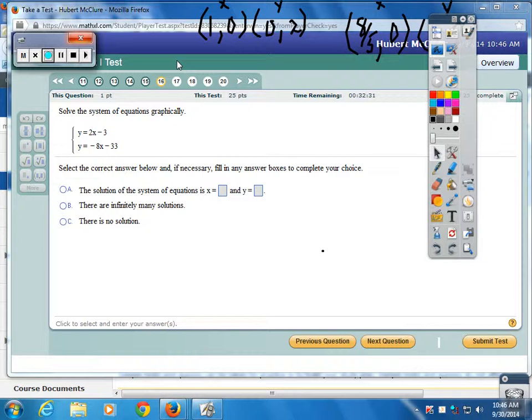Okay, try that one. Solve the system graphically. Use your calculator if necessary. Why am I going to use a calculator on this one? Because both of them are solved for y, so it's easy to put in the calculator.